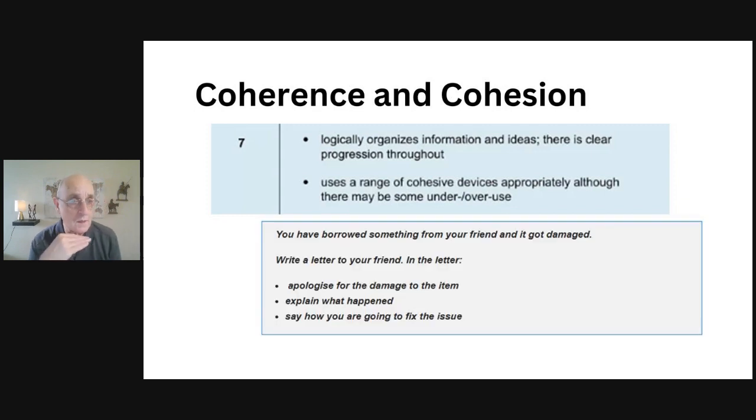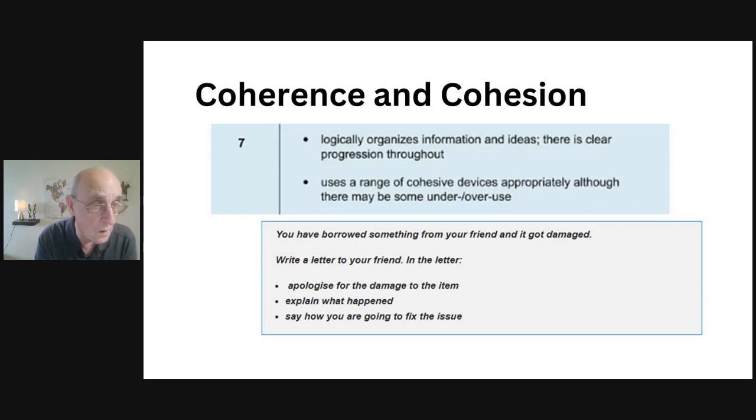So when we look at the structure, the coherence of our letter, we're going to make sure it includes the clear statement, respond directly, and then it's going to include an apology for damage. It's going to include an explanation, and it's going to say what your plan is to resolve or fix the issue.